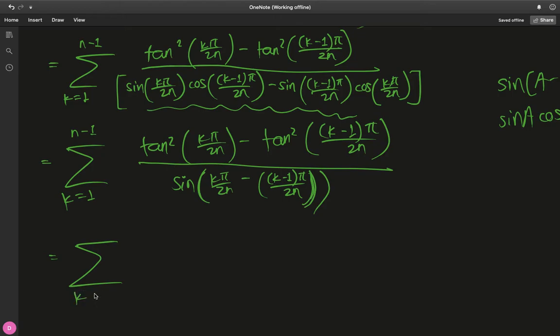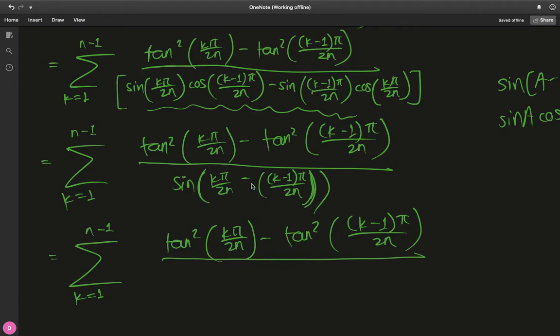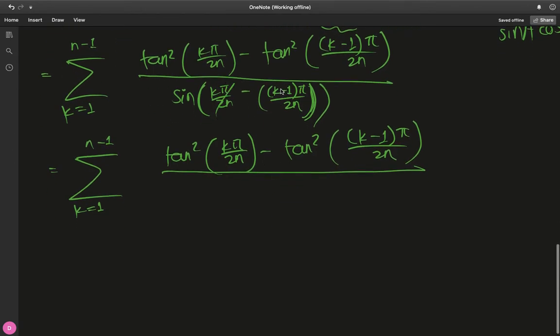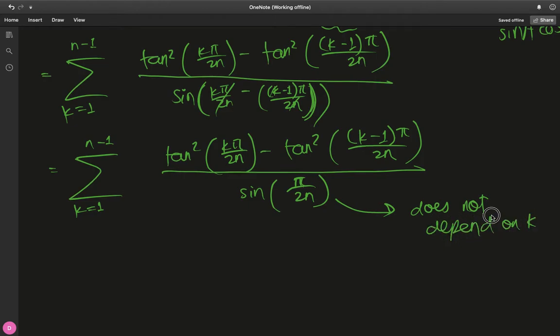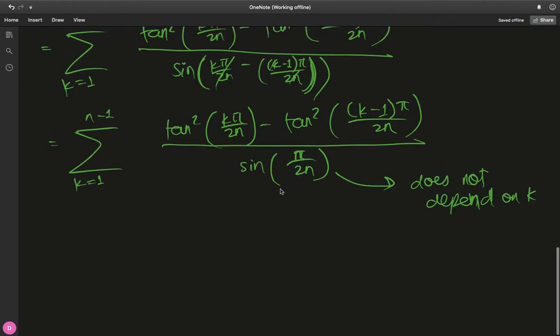So because now we have the sum from k equals 1 to n minus 1 of tan squared k pi over 2n minus tan squared of k minus 1 pi over 2n divided by, you do some simplification over here. Notice the k pi terms are going to cancel out nicely. We just end up with sine of pi over 2n, and the excellent fact is it does not depend on k, which means it can be taken out of the sum quite nicely.